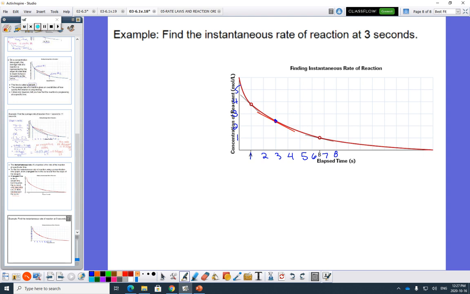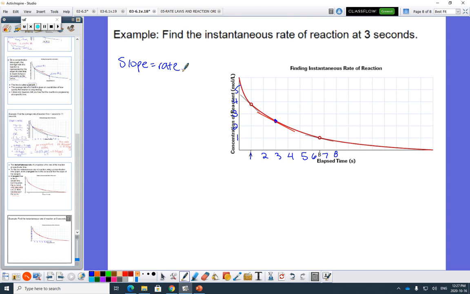We're still going to do slope because slope is rate. And when you do slope, this is like old school grade 9 math, maybe even grade 8, where you had to find slope and you have to estimate the points, which is everyone's least favorite thing to do.